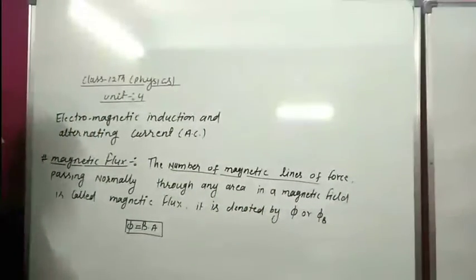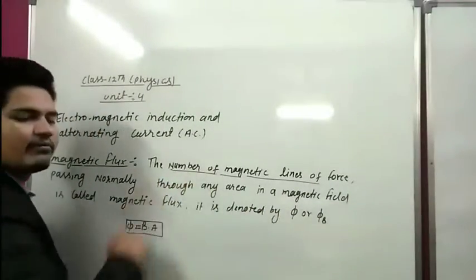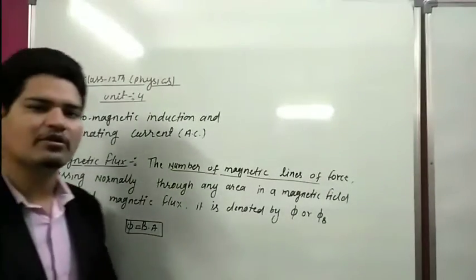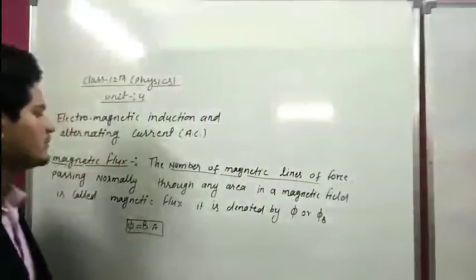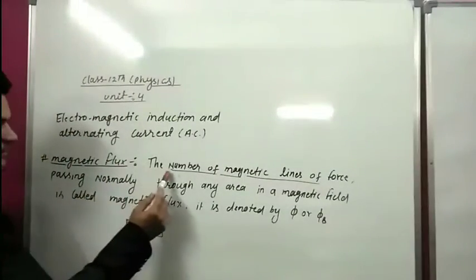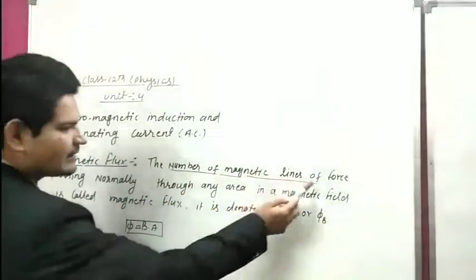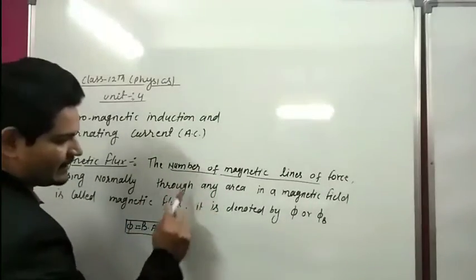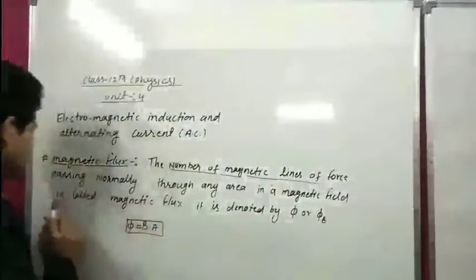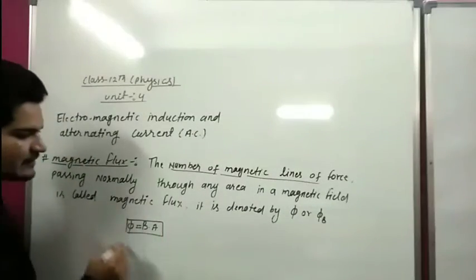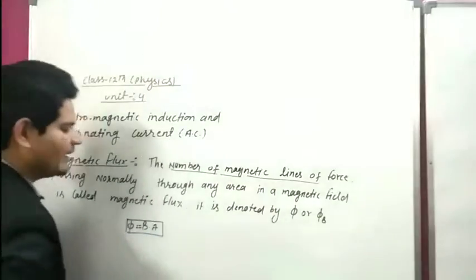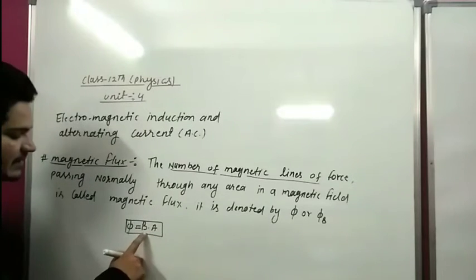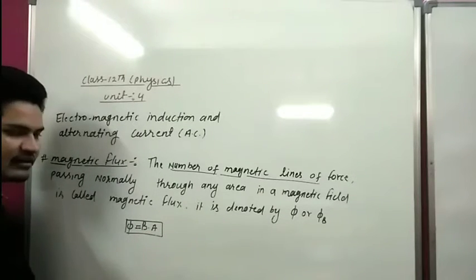Magnetic flux is the total number of magnetic lines of force, and electric flux is the total number of electric lines of force. Magnetic flux is denoted by phi and the formula is phi equal to BA, where B is the magnetic field and A is the cross section area.